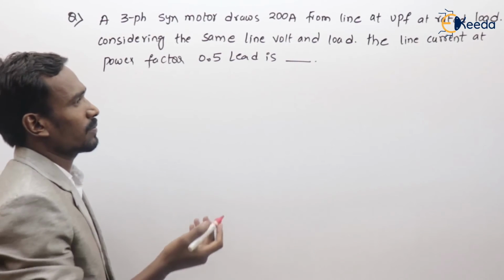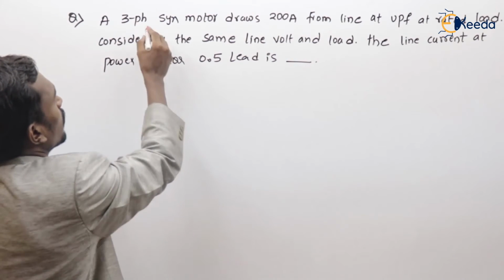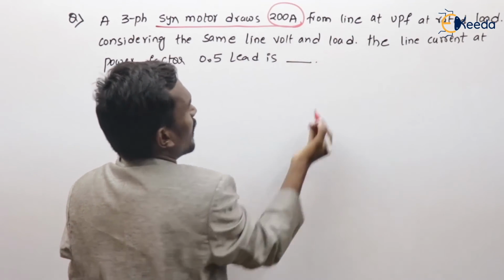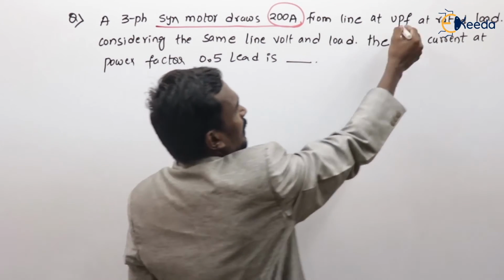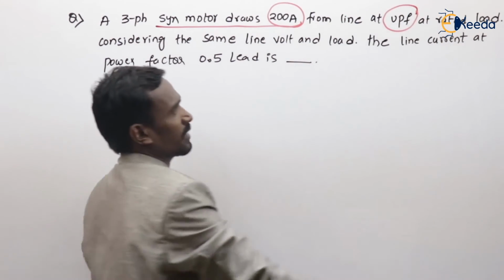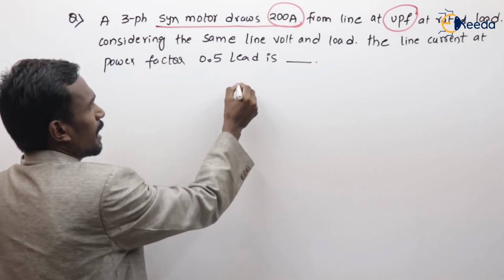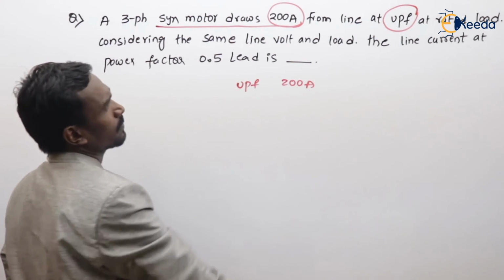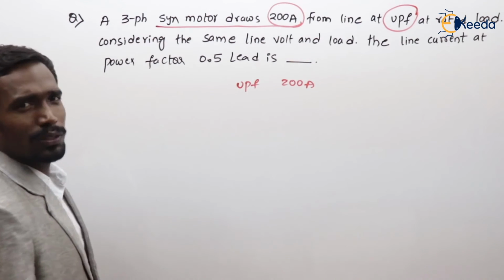Right, next question. See here. A three-phase synchronous motor draws 200 amperes from the line at unity power factor at rated load.